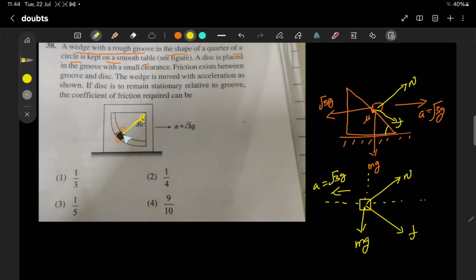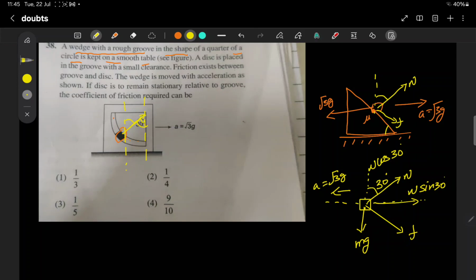The angle is nothing but with respect to the normal. If you draw a line here, if this is 30 degree, this is also 30 degree. So this is 30 degree. Now if you resolve this, your N will become N cos 30 degree, and here I will have N sin 30 degree, and friction also has some angle.